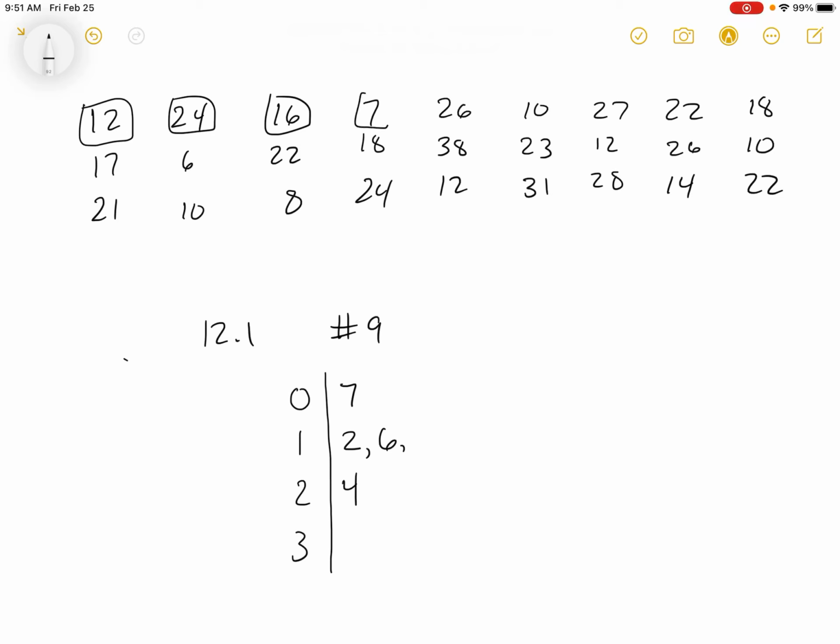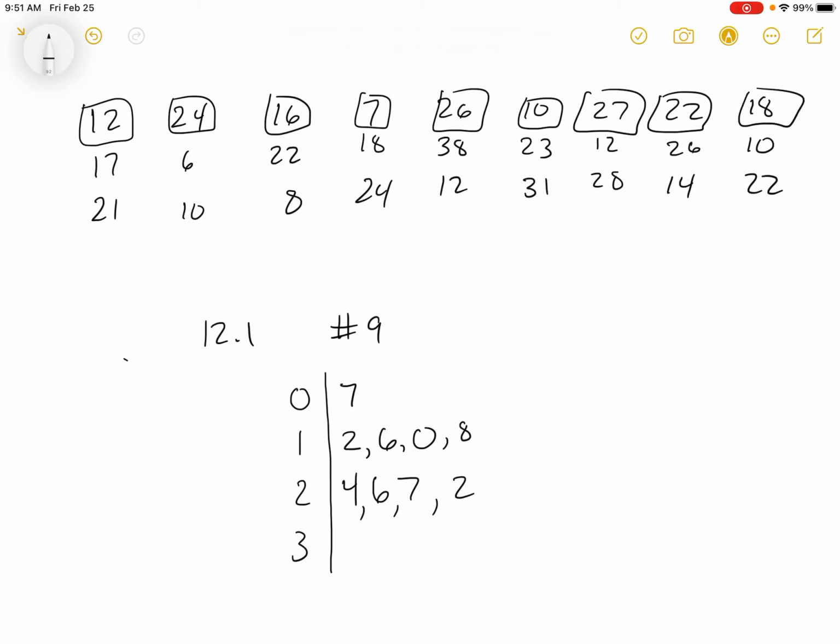After this 7, we get to 26. So 26 is down here. So now it's 4, 6. 10 puts a 0 here. 27 puts a 7 there. 22 puts a 2 in that 20 column. 18.